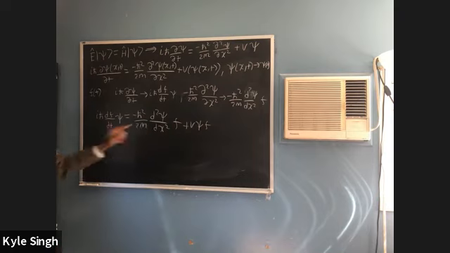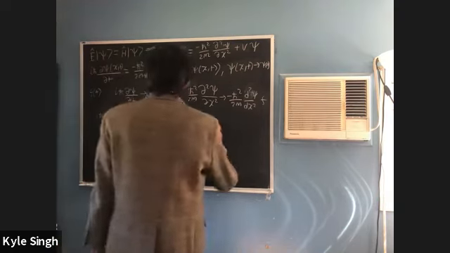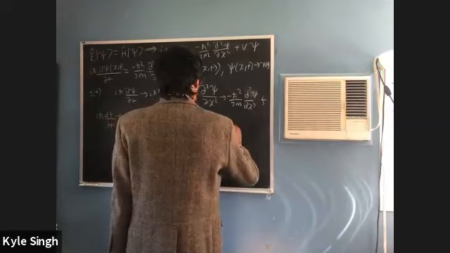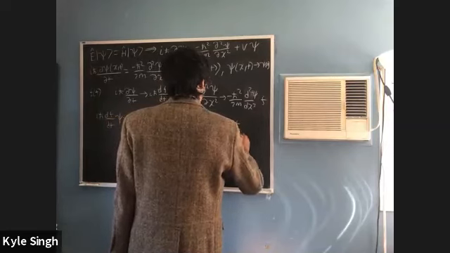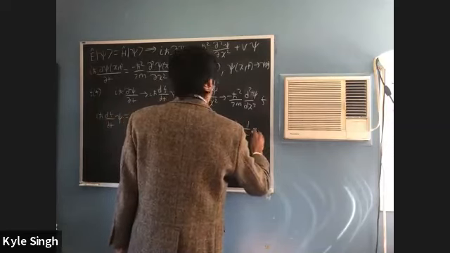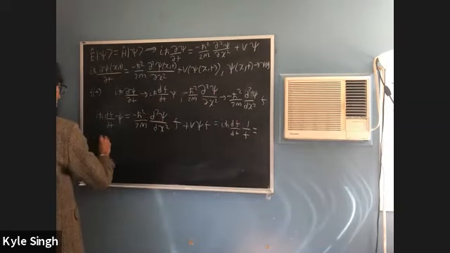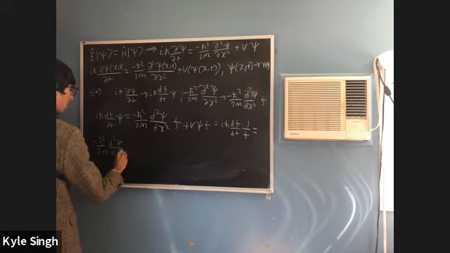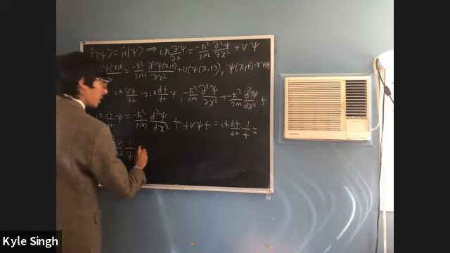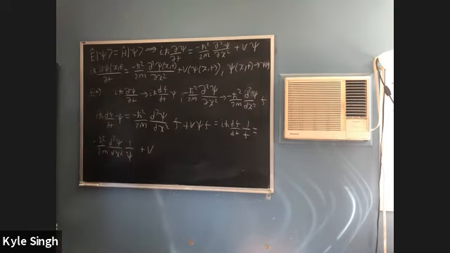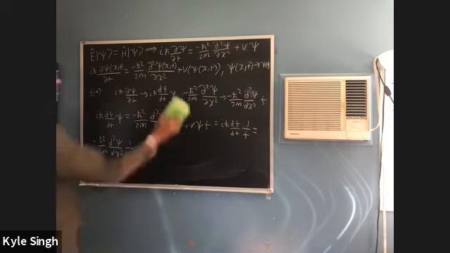Okay, I'm going to divide through by psi f, and I get i h bar df dt 1 over f equals minus h bar squared over 2m d2 psi dx squared 1 over psi plus V. Okay, so that was just a quick algebraic step.